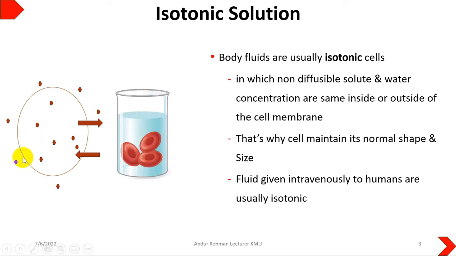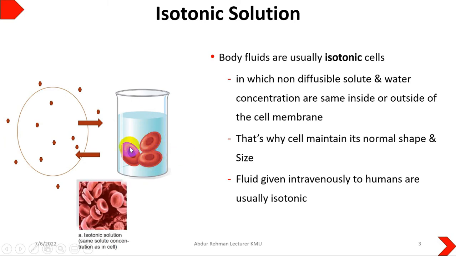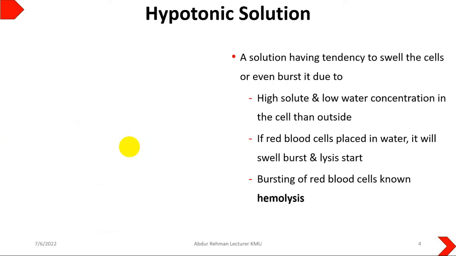As an example, if you take a beaker, add a 0.9% sodium chloride solution into it and place normal red blood cells into it, the size and shape of the cells will remain the same. That's the normal thing which happens in our bodies.